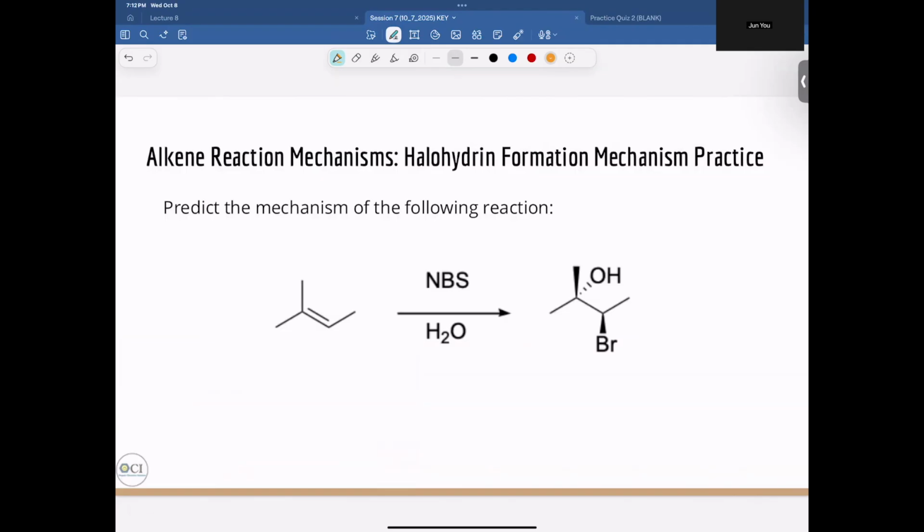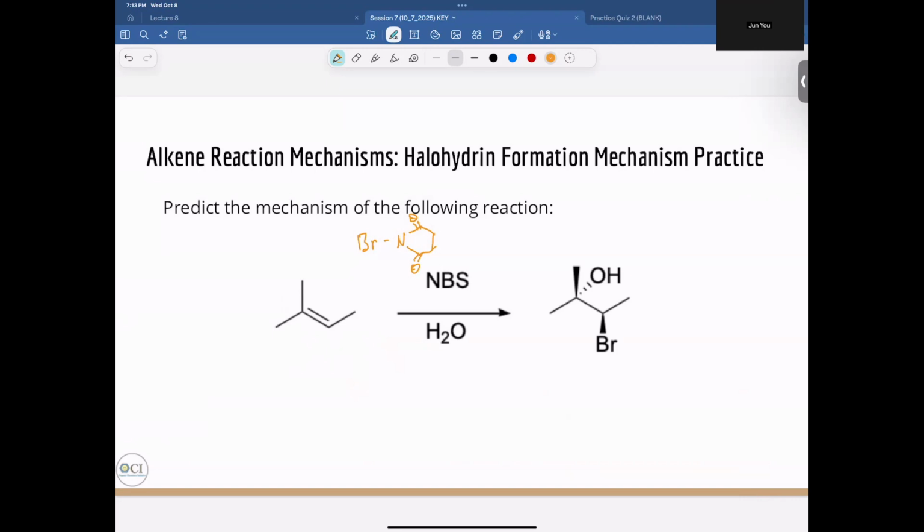All right, now let me draw the mechanism of this reaction. Just for a hint, this is what NBS looks like. All right, let's draw this one.